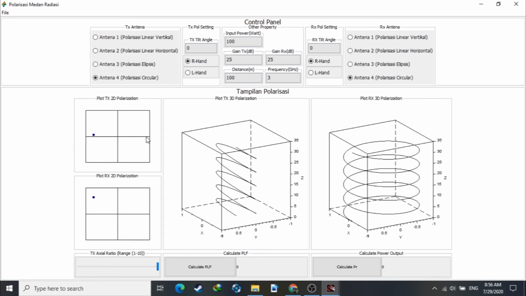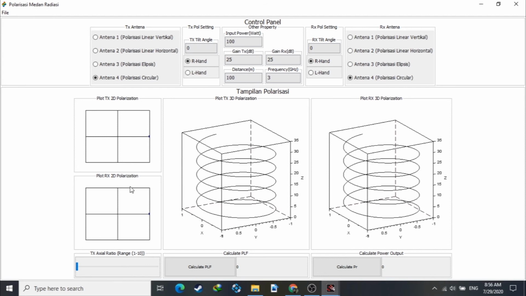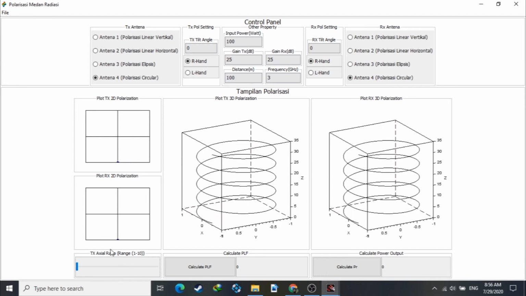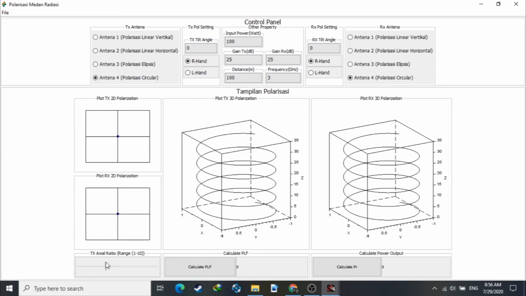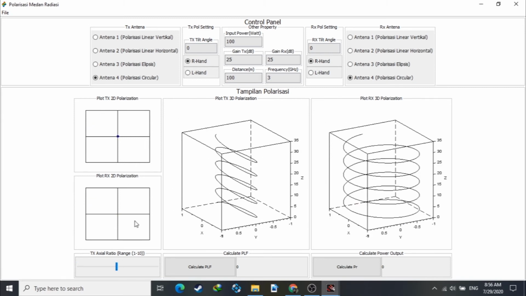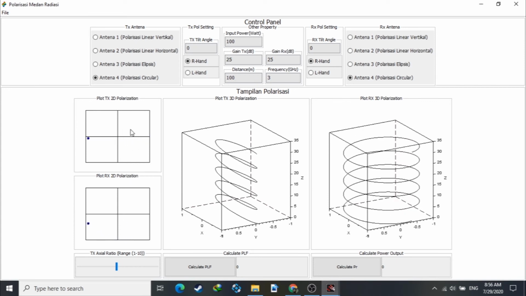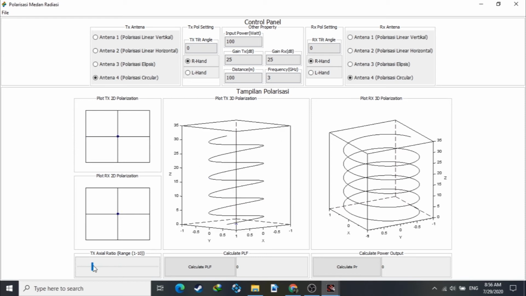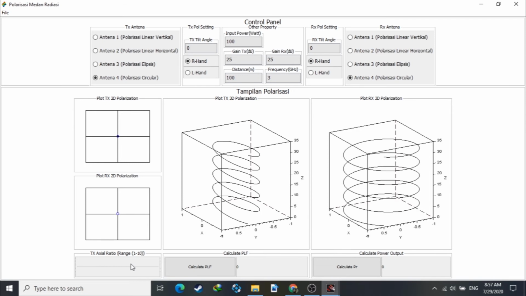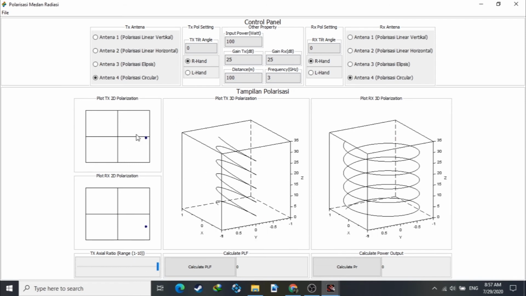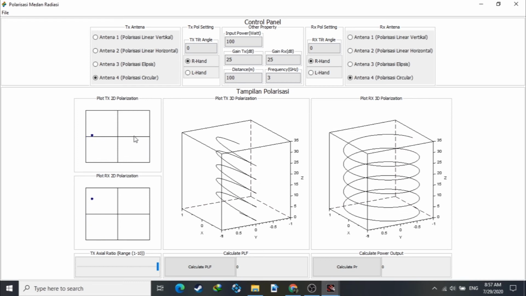Okay, so the axial ratio here means if it's equal to 1, it's called circular, and if you make it in the middle here, it's close to what we call elliptical polarization. And the last one, if you make it maximum here, it's getting near to only one axis, and it's called the linear polarization.